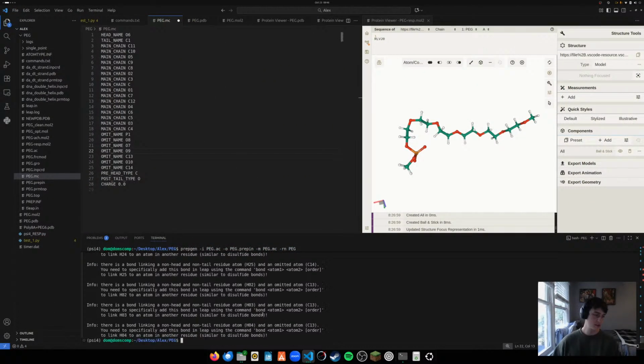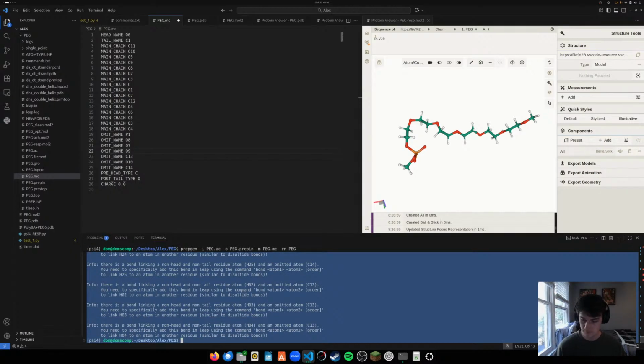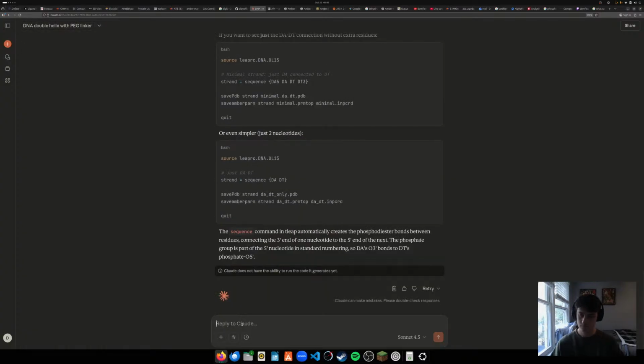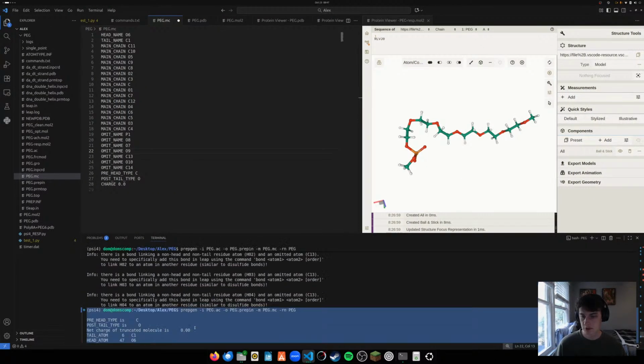So this is probably going to take some trial and error, honestly. But all of these are main chain atoms, so I don't really understand. Let me ask Claude. Why am I getting this? From PrepGen.